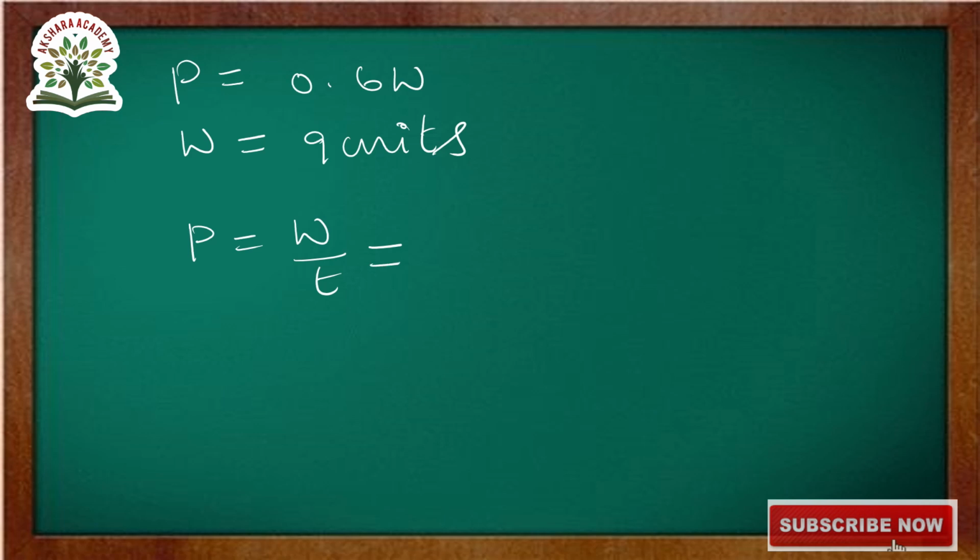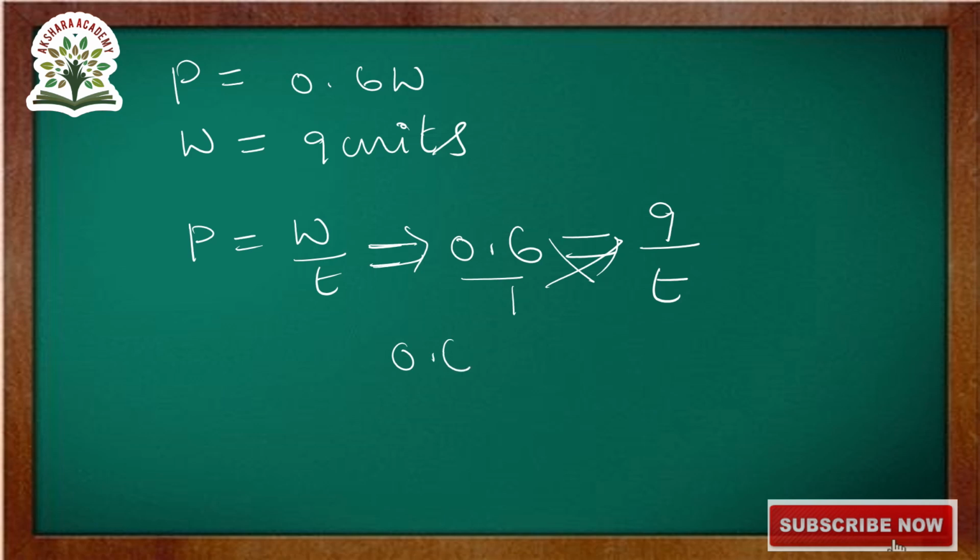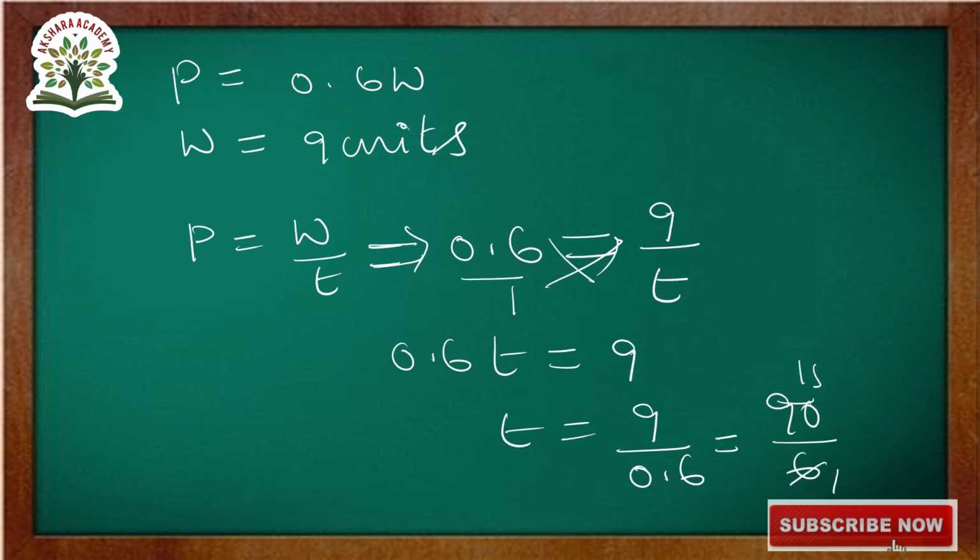So 0.6 watts equals 9 by T. Taking cross multiplication, 0.6 into T equals 9, T equals 9 by 0.6. This can be done as 90 by 6, 6 ones are 6, 6 15s. So T equals 15 seconds. Time of action is the final answer, 15 seconds.